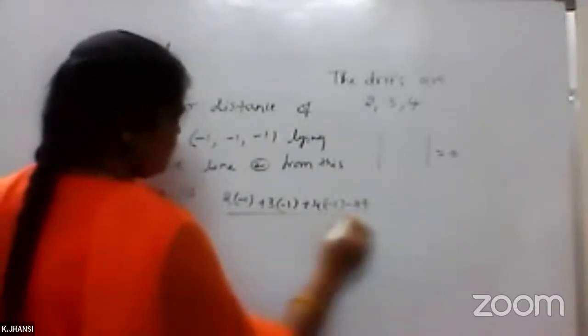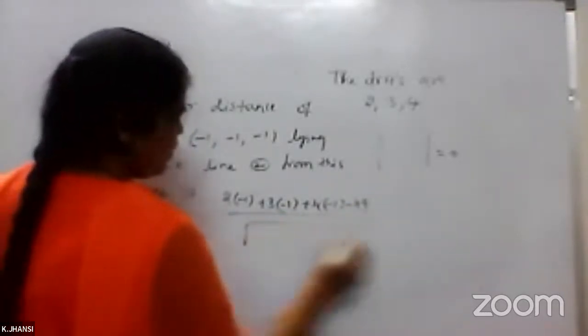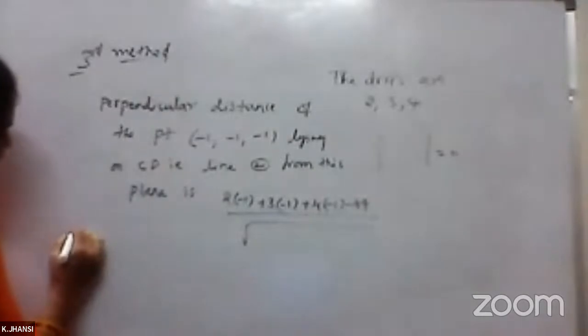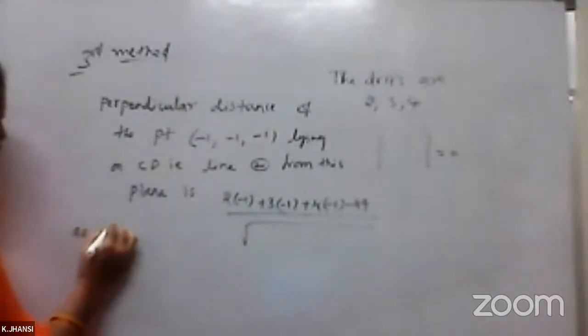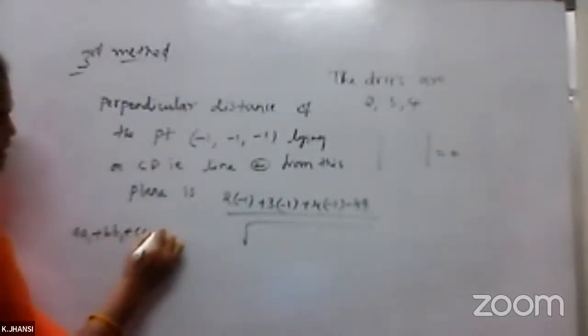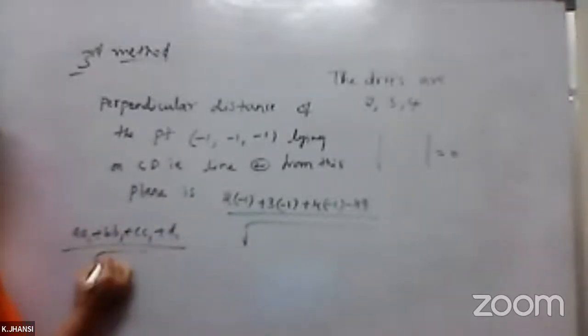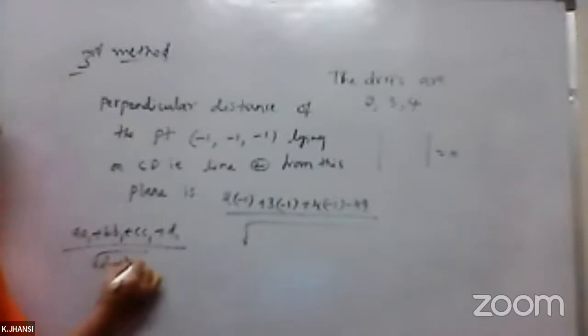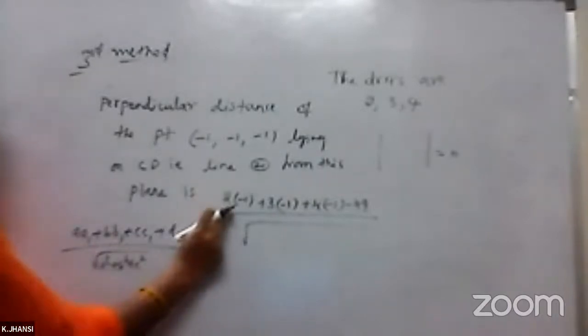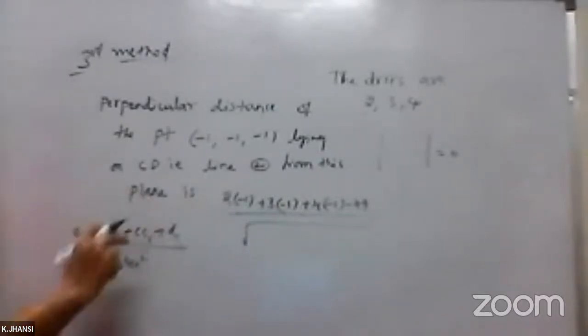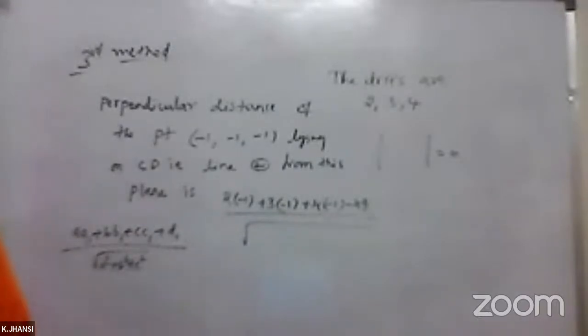Okay, minus 49 by under root of, if you remember the formula, it is a into a dash plus b into b dash plus c into c dash plus whatever the d value is, that d value, by under root of a square plus b square plus c square. So we are using the perpendicular distance formula here for finding the shortest line segment.